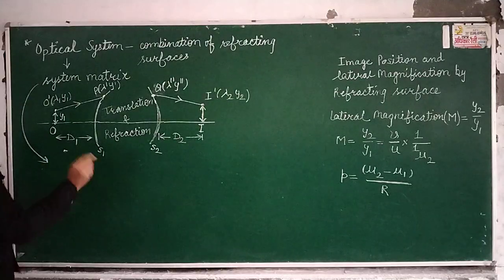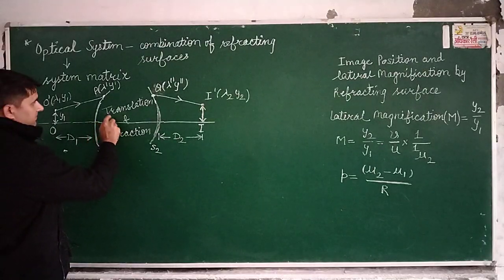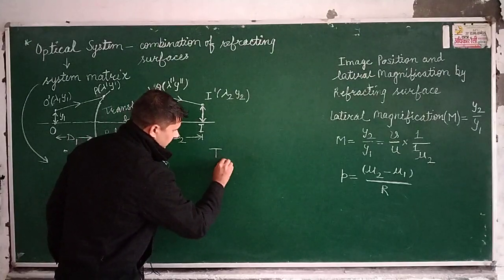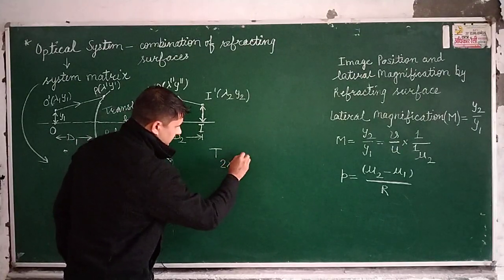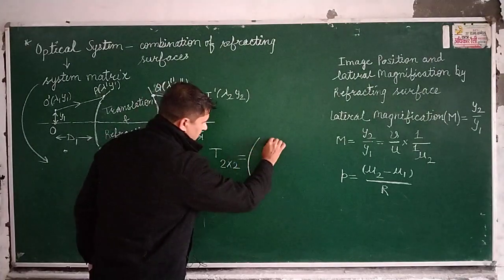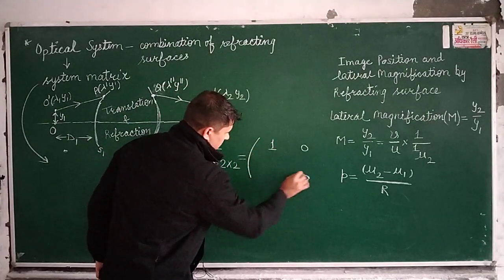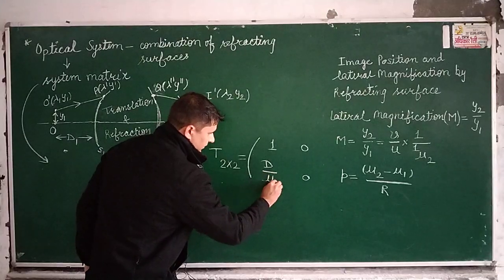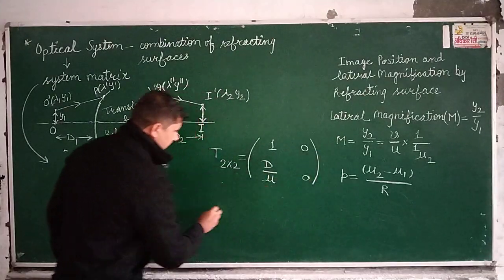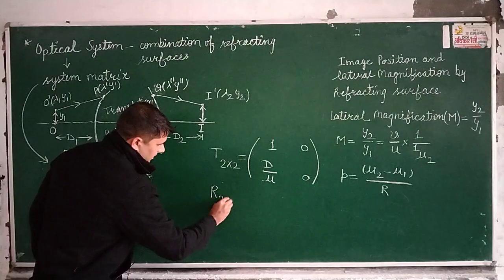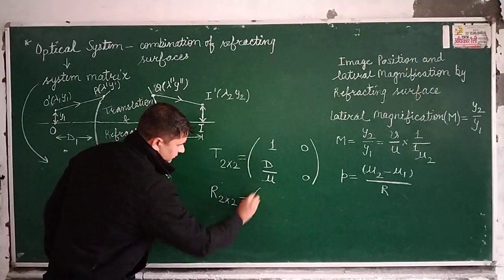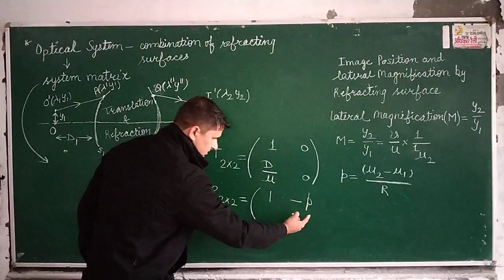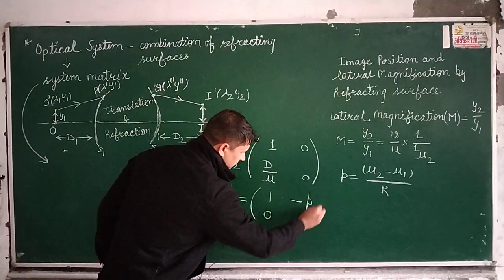Now we need to keep in mind that the translation matrix is a 2 cross 2 matrix which is given by 1, 0, 0, where this is the distance of translation and then the refractive index of that medium. The refraction matrix is also a 2 cross 2 matrix which is given by 1, minus p, the power of the refracting surface, and then 0 and then 1.